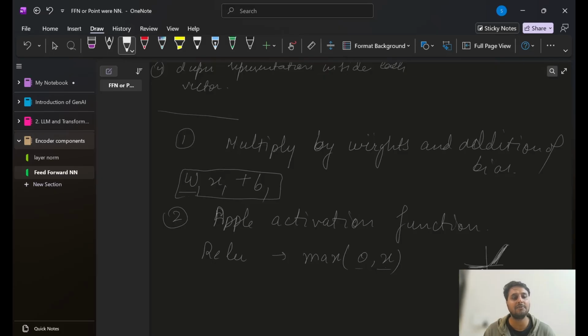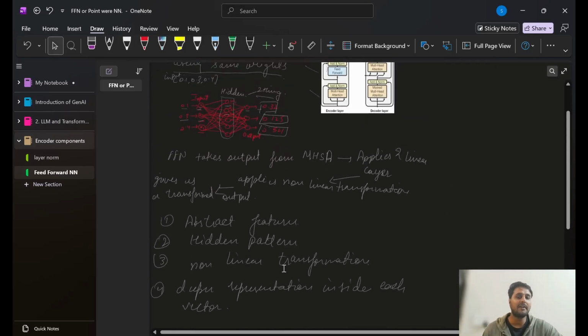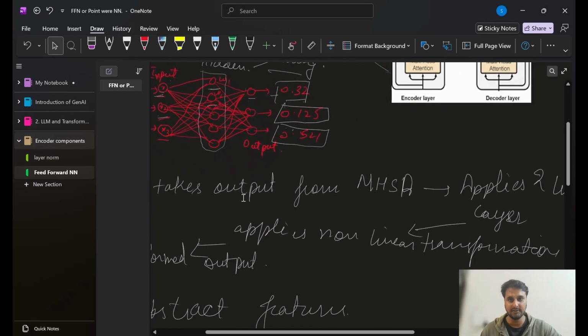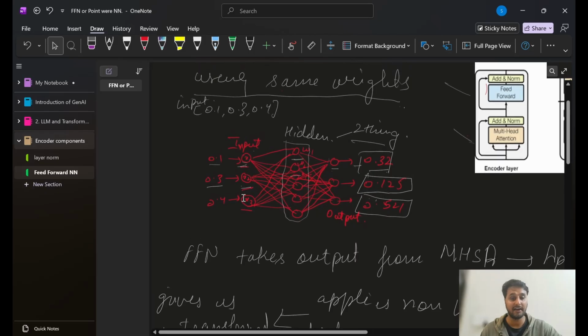It gives zero for all negative values and the same positive value for all positive values. So we apply ReLU on W1 X1 plus B1. That's it. That is what is happening inside each neuron in the hidden layer.